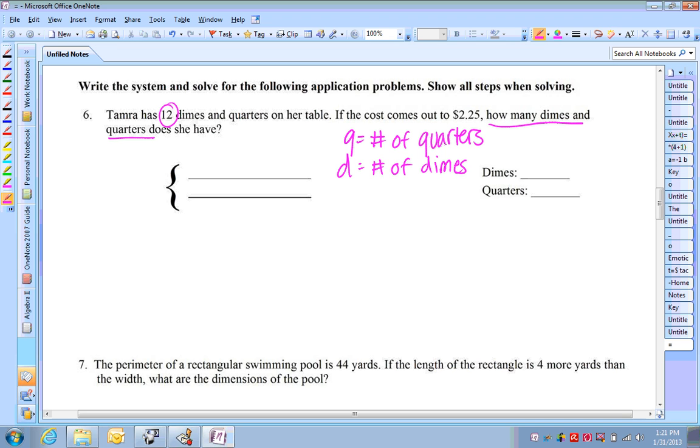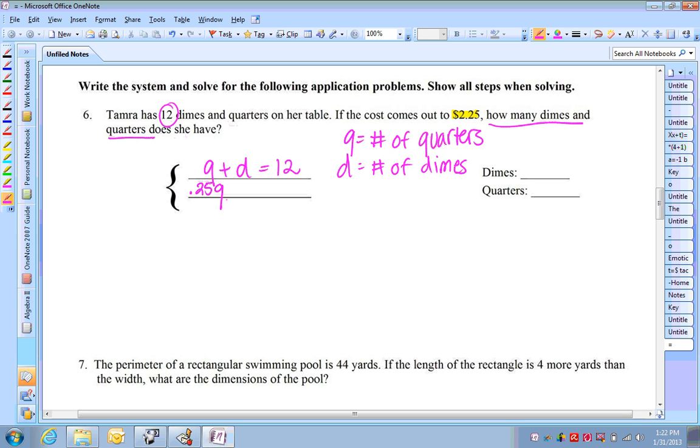And she has a total of 12 dimes and quarters. So the number of quarters plus the number of dimes has to equal 12. And the total cost that she has of money is going to be $2.25. So when we have a quarter, it's worth 25 cents.